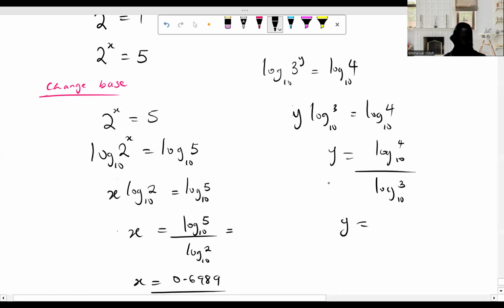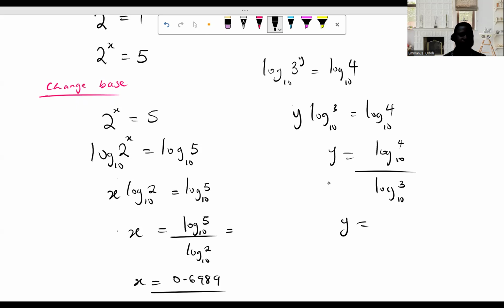So log 4 to base 10. That is, it wrote error.